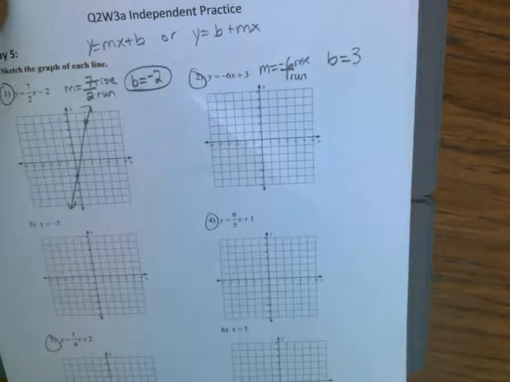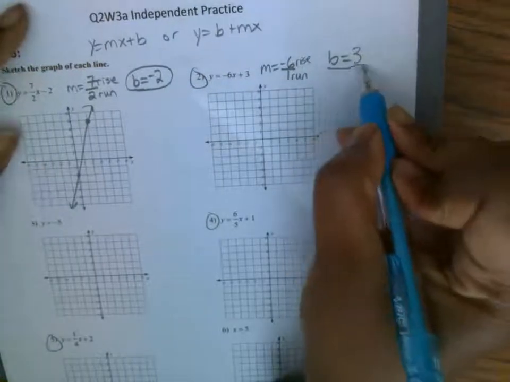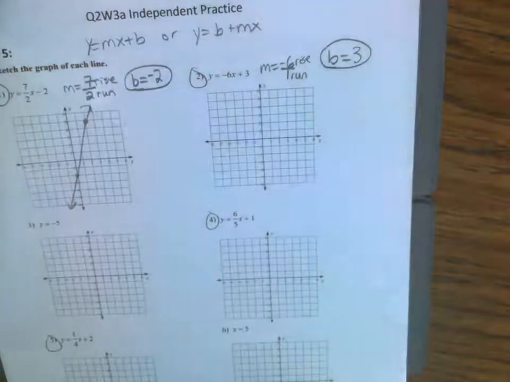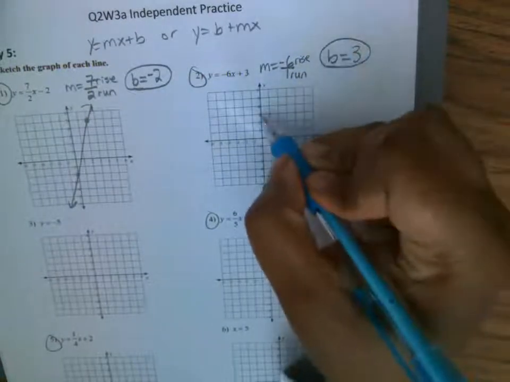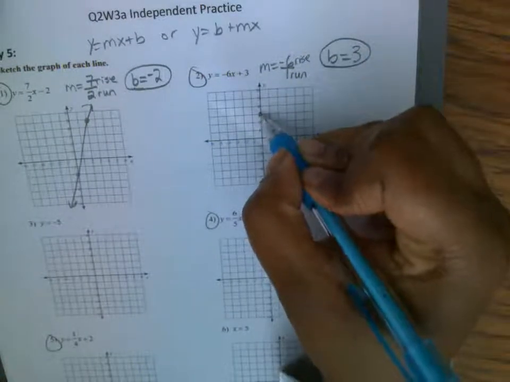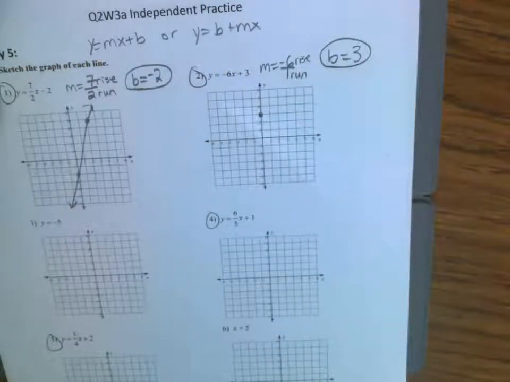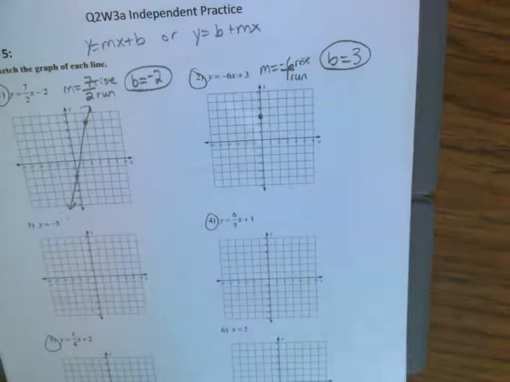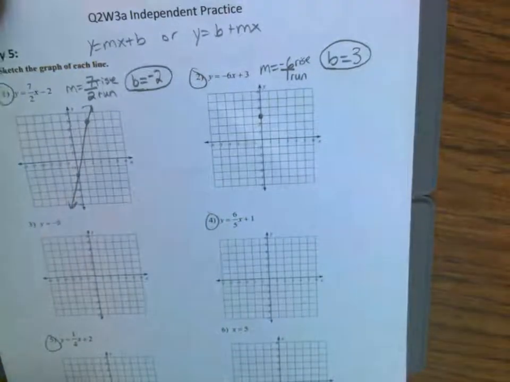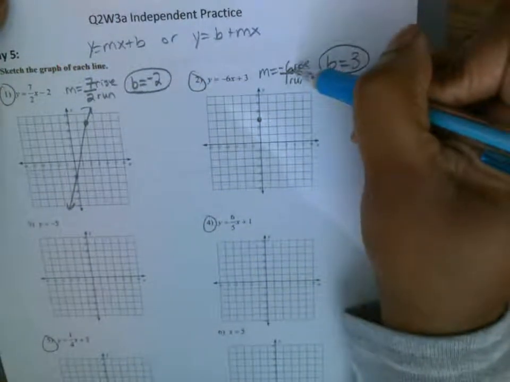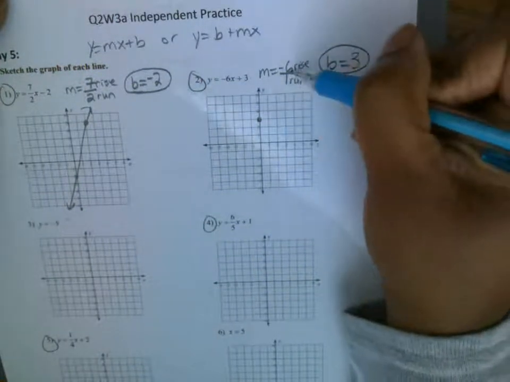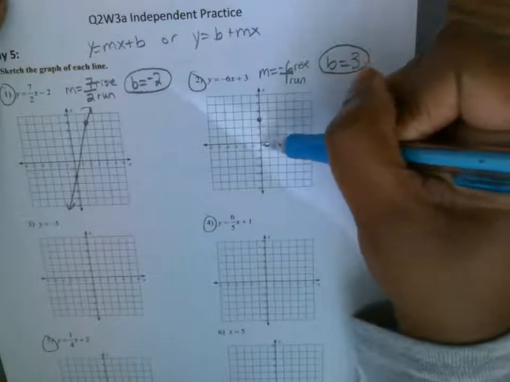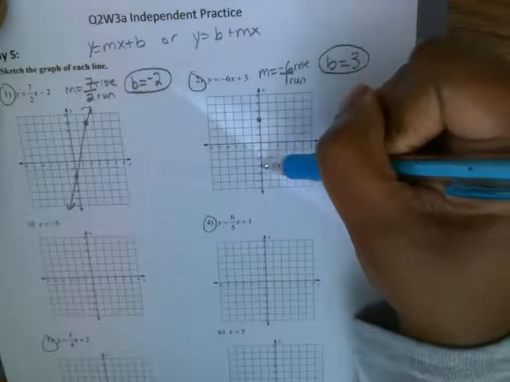So now I'm going to find b on the y-axis, my y-intercept. This is where the line crosses the y-axis. So I find positive 3 on the y-axis, and it's right here. Graph it. Now I'm going to use my slope, negative 6 over 1, to graph other points on the line. So here, negative 6 means I go down 6. So this is 1, 2, 3, 4, 5, 6.